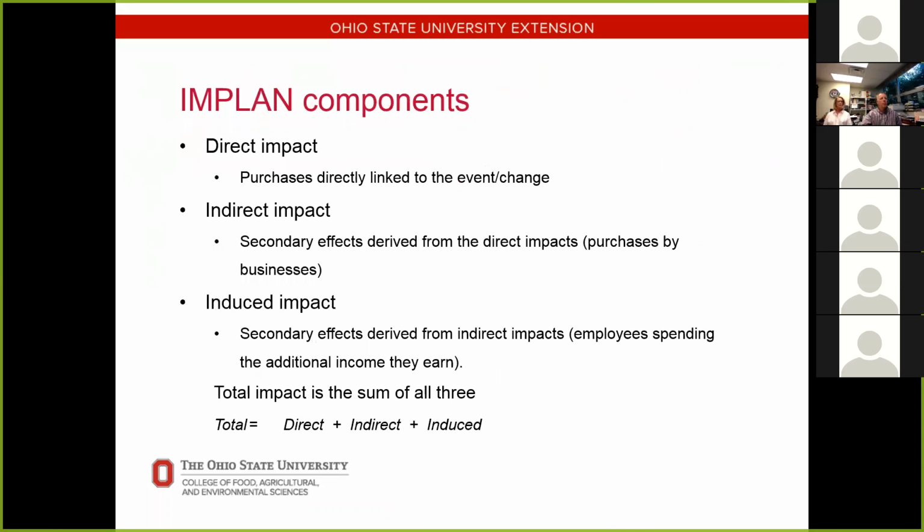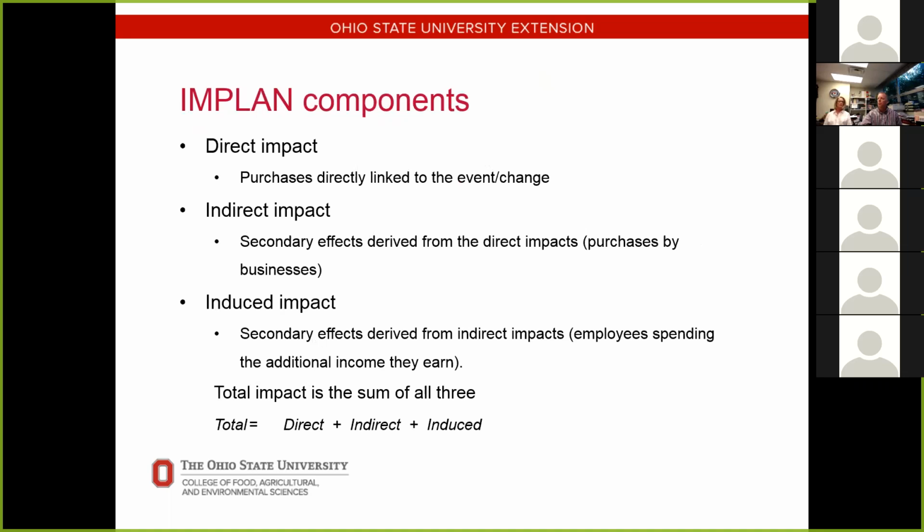Just the components. We know that the direct impact is one of those three inputs I mentioned. That's the industry or business or event that's immediately affected, and those numbers are the direct numbers. The indirect numbers are the suppliers or businesses that are affected as a result of that direct impact, so they are consequently either losing or gaining jobs and investment.